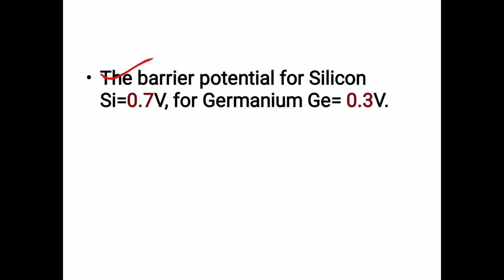The barrier potential for silicon, that is Si, is equal to 0.7 volt, and for germanium it is 0.3 volt. So this is our barrier potential for the silicon diode under the forward bias situation, and for the germanium diode it will be 0.3 volt.